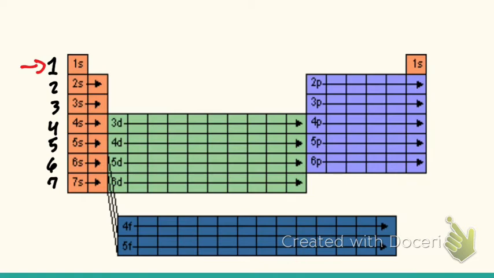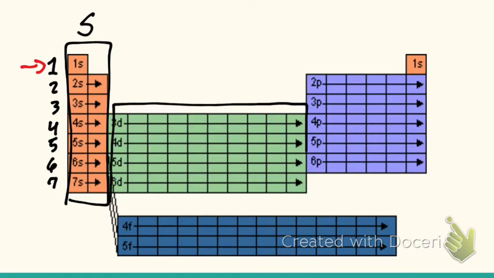The first block that we need to pay attention to is our S block. Our S block is this one right here. This middle area is called our D block.